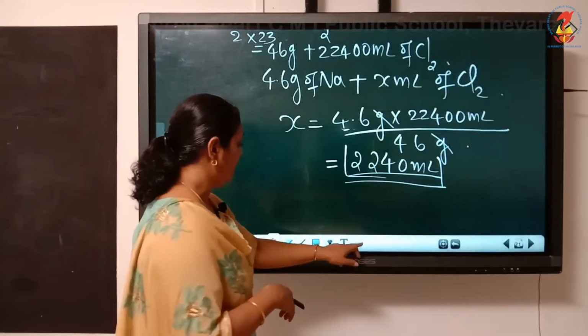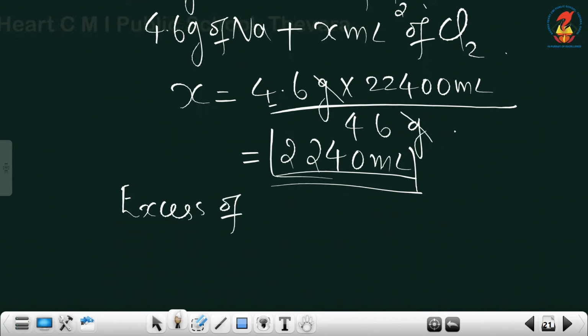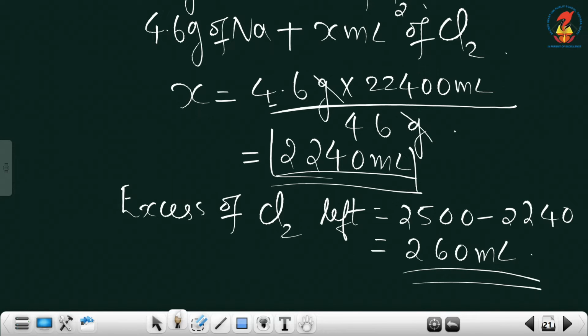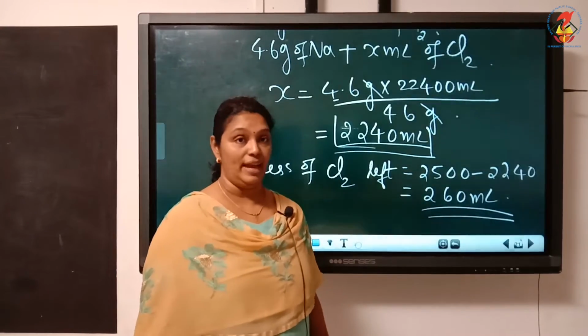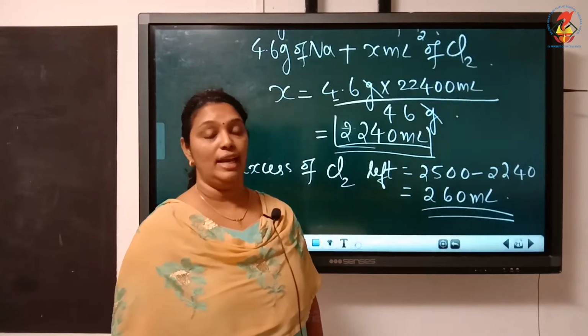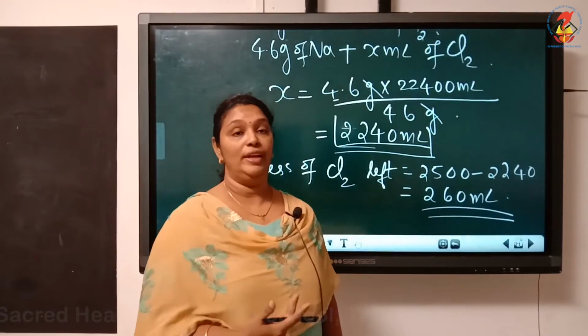The excess of chlorine left will be equal to 2500 minus 2240, which is equal to 260 ml. So we can say 260 ml of chlorine is left unreacted and sodium is the limiting reagent. So these are stoichiometric calculations. Always we have to write the balanced equation and according to the question we have to find out.